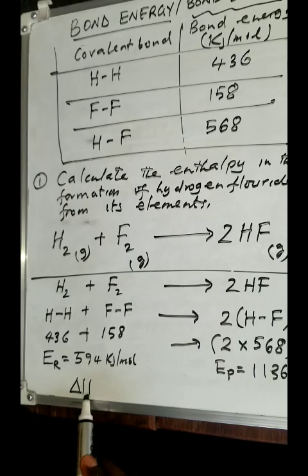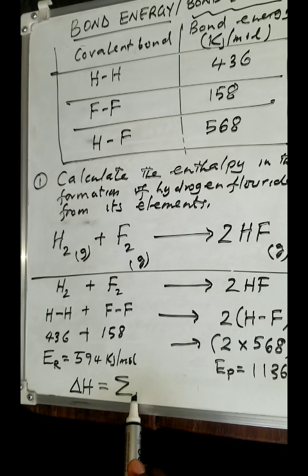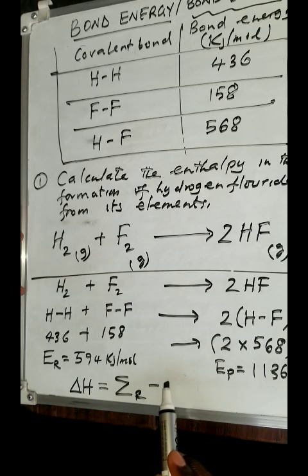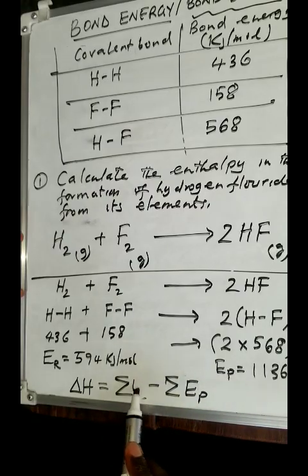Now, how do we calculate the enthalpy change or the heat of reaction? Well, the heat of reaction, or the enthalpy change, is simply the summation of the energy of the reactants minus the summation of the energy of the products. Let me put an E there so that you don't confuse yourself.